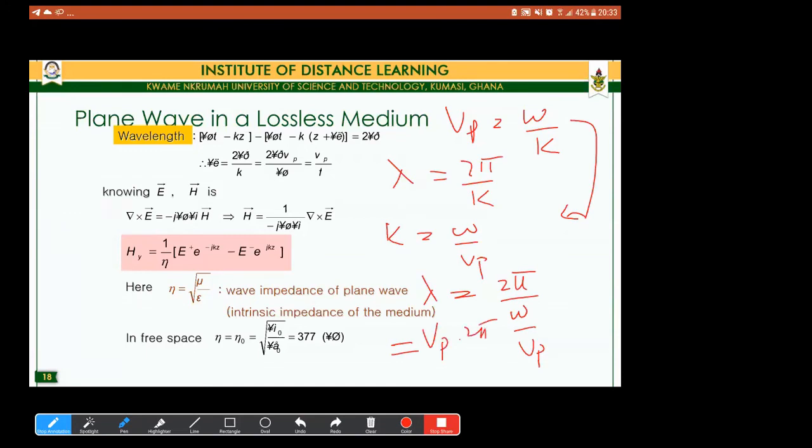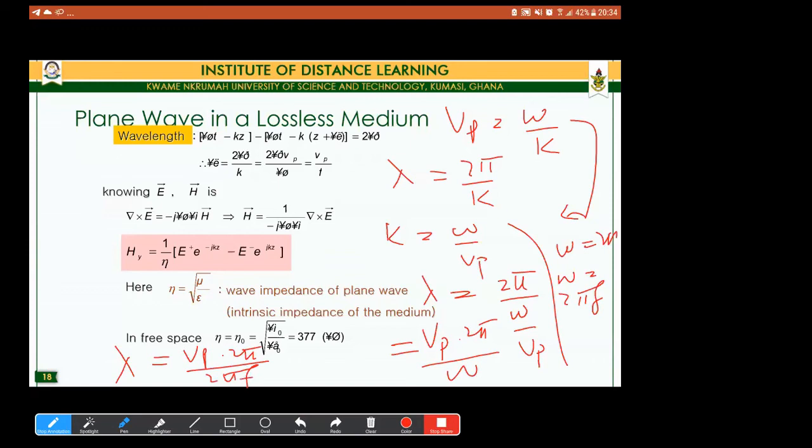This is the same thing as Vp times 2 pi all divided by omega. And remember, omega equals 2 pi f. So if you put 2 pi f here, lambda will be equal to Vp times 2 pi divided by 2 pi f.